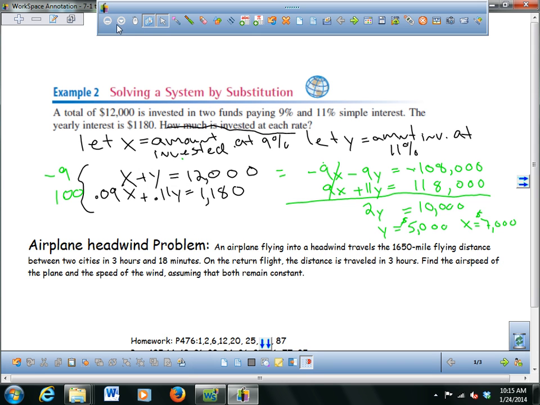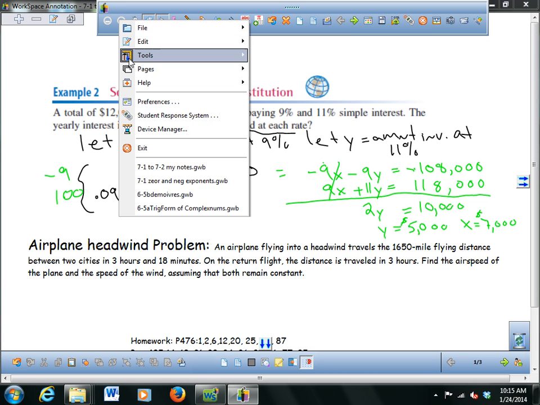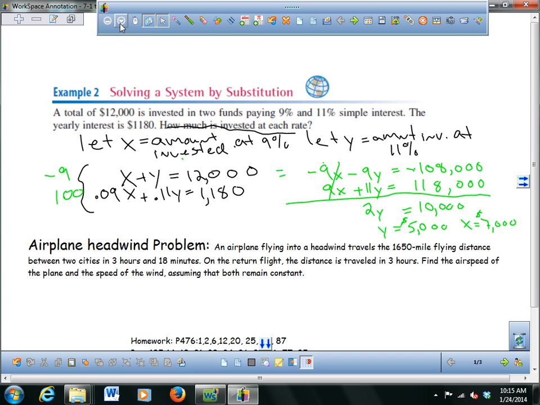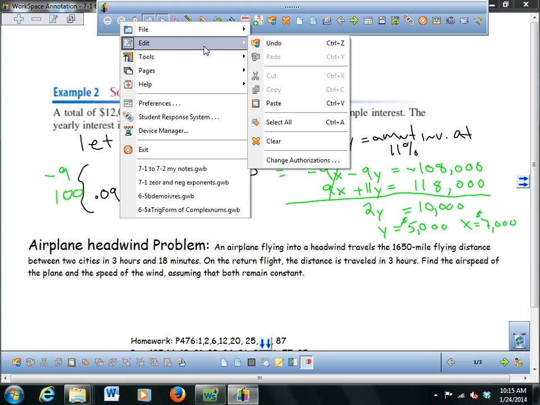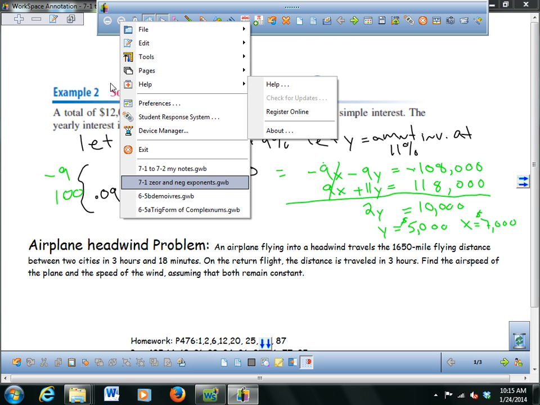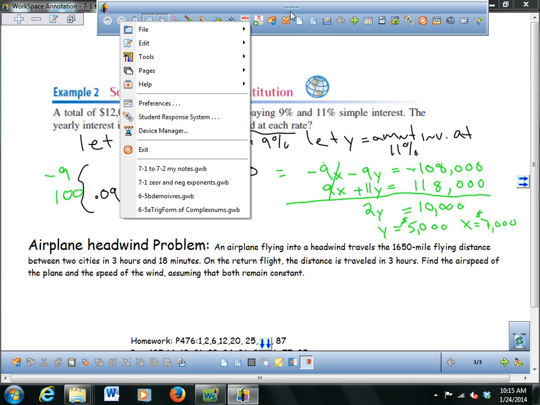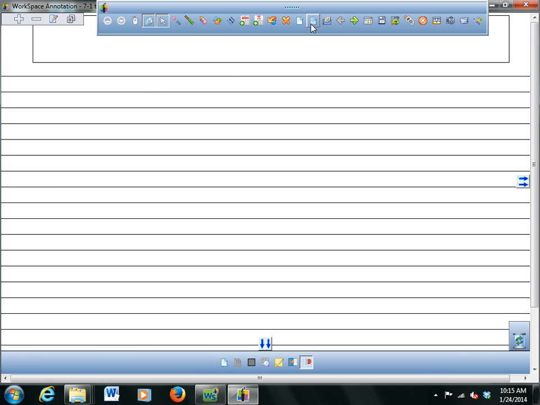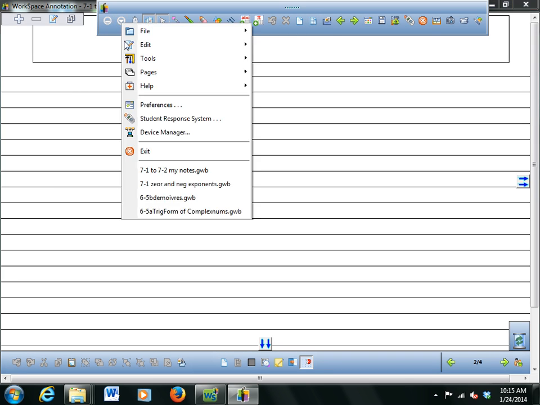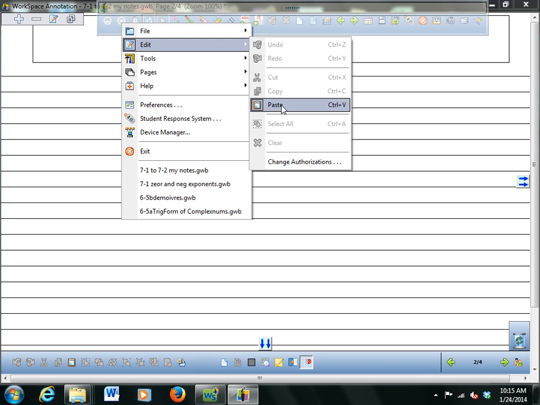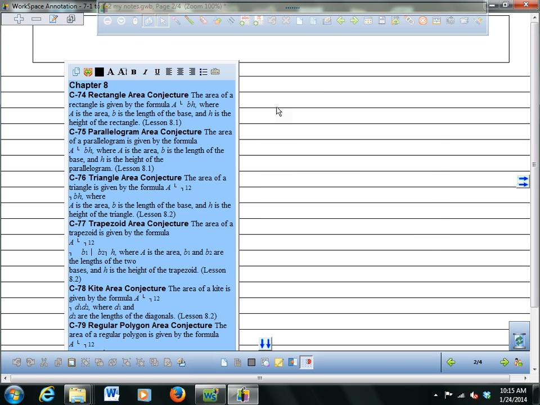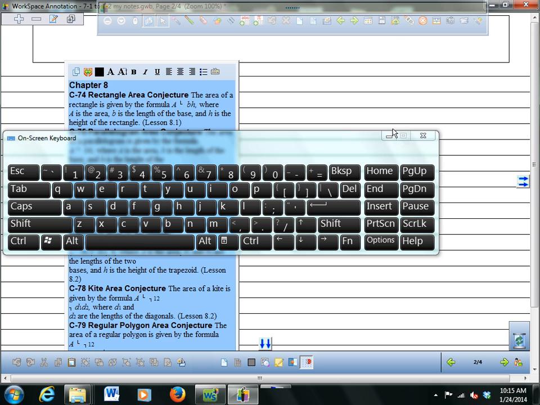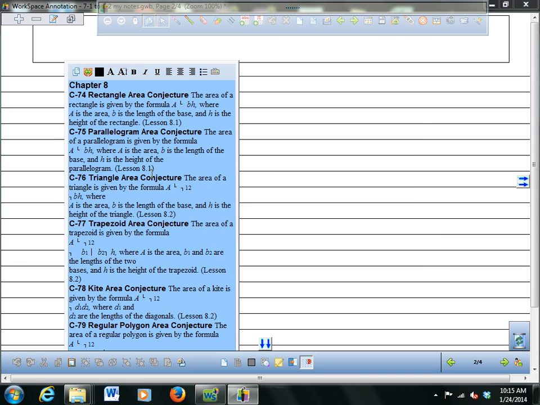Oh, I didn't copy it. Edit, edit, paste. What the heck? Oh wait, that's from my geometry stuff. Where did that come from?